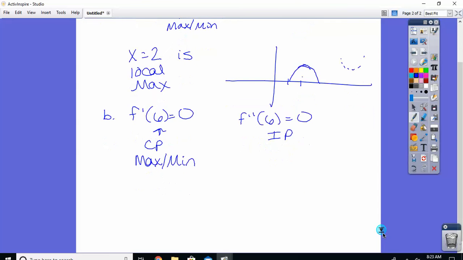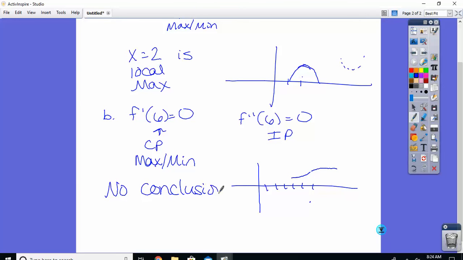So we could have either a maximum or minimum. And if it's an inflection point, that means my concavity is changing. You know, it could have been curved upward and now curving downward, or vice versa. Does that tell me then whether it's a maximum or a minimum? No. So here there is no conclusion. Since I don't know if we're curved upward or downward, I can't specify if it's a maximum or a minimum.